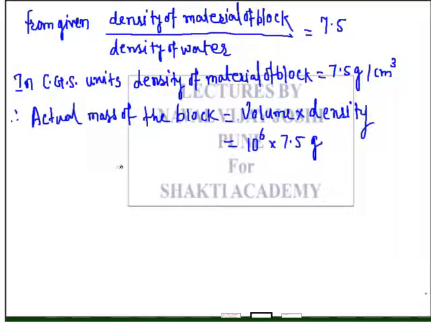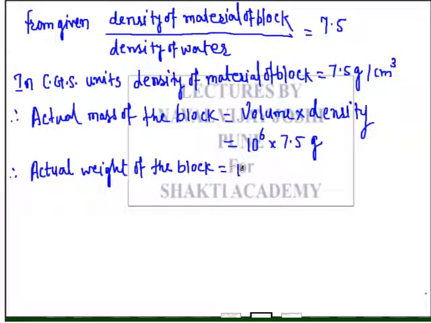So this is the actual mass of the block, and this mass would give rise to actual weight of the block. Actually it is not needed, but just for the sake of convenience, your understanding, I am writing here actual weight of the block is equal to 10 raised to 6 into 7.5 multiplied by 980.